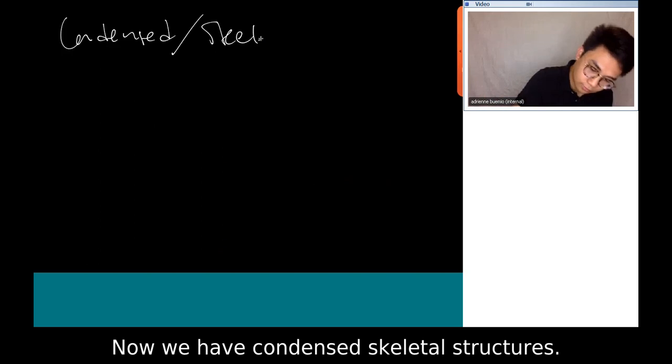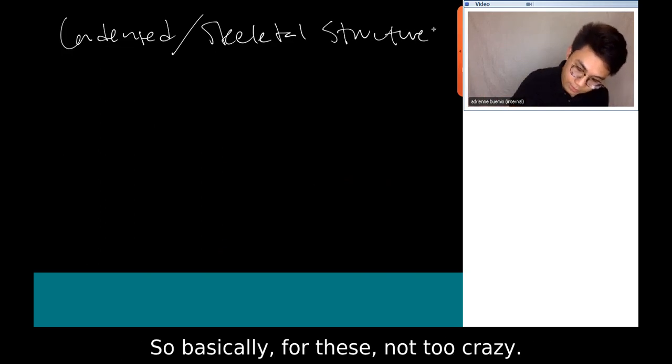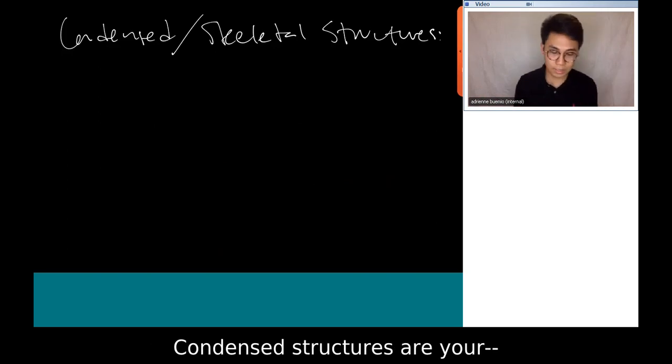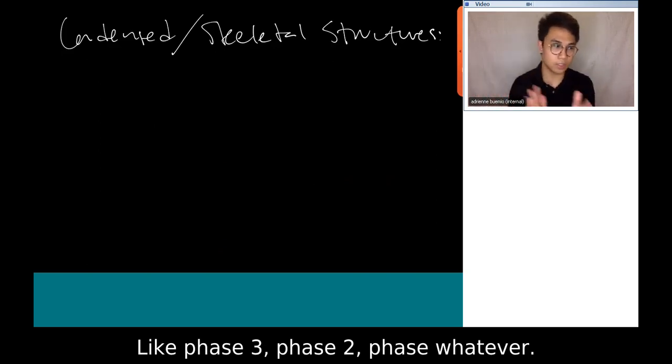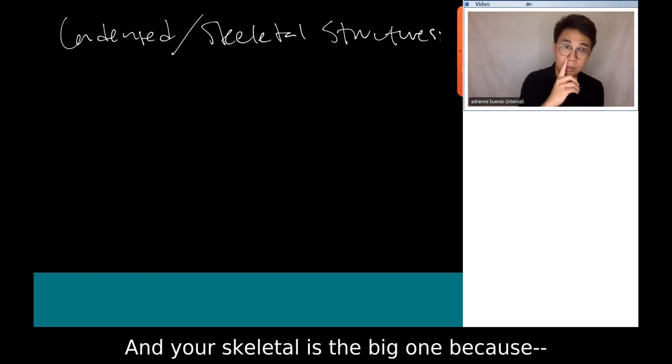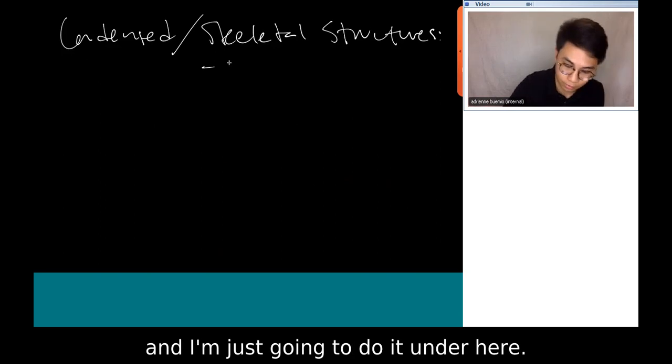Okay, now we have condensed and skeletal structures. So basically for these, not too crazy, condensed structures are like the chain, like CH3, CH2, CH, whatever, right? And your skeletal is the big one, and I'm just going to do it under here.